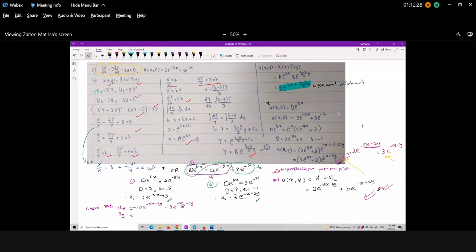So I thought at first it should be okay, but it seems it cannot. Anyone? Check. If you use this solution, can you get it, does it satisfy the PDE?